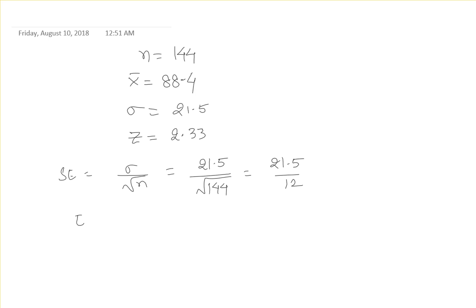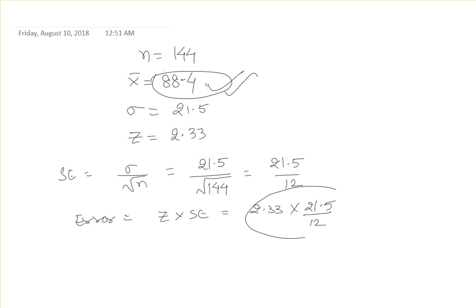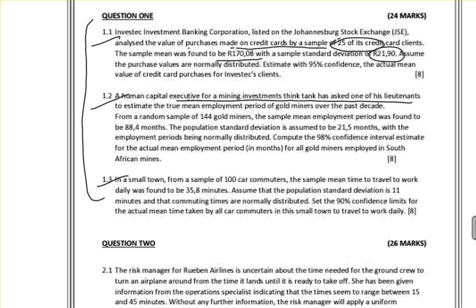Error will be Z into SE, that is 2.33 into 21.5 upon 12, and you already have the mean. Now you can do the mean minus error and mean plus error, that will be your required interval.